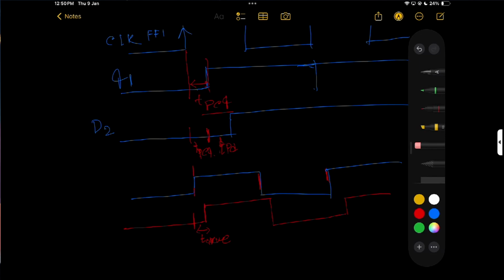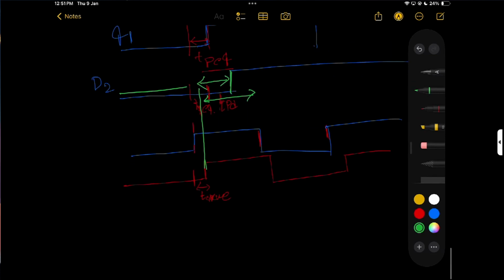If it happens in such a way, now check this position. Setup time is not violating, but there is a chance of violating hold time. Suppose my hold time is something like that, this is the hold time I require, so my input is changing. D2 is my input, that is 0 to 1. This is the main problem. It's possible to violate my hold condition, but if not, then it will be good.